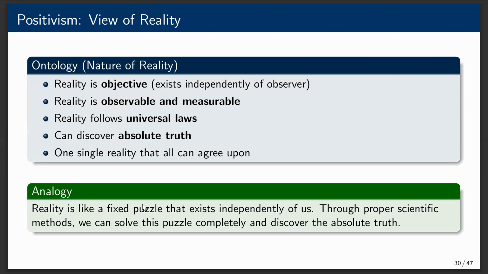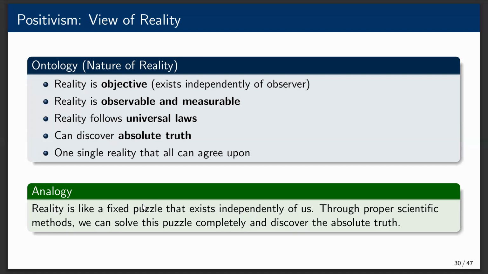Then, what is the view of reality for positivism? Basically, ontology is the nature of reality. Reality is objective. It exists independently of the observer.